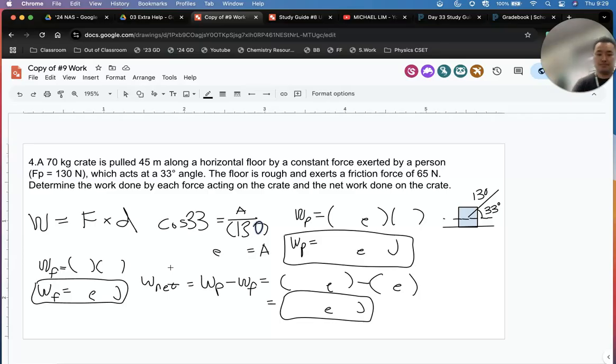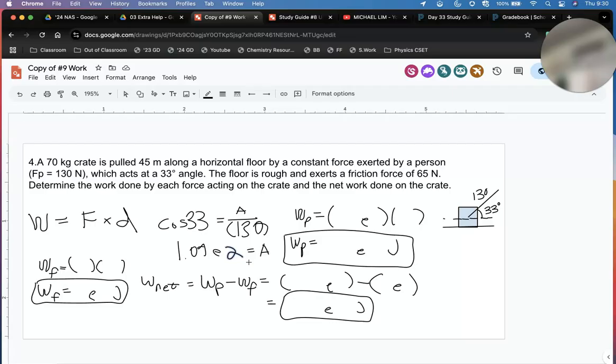What do you get? 1.09. And is there an exponent? 2. Okay, so this first step is finding the force moving sideways.